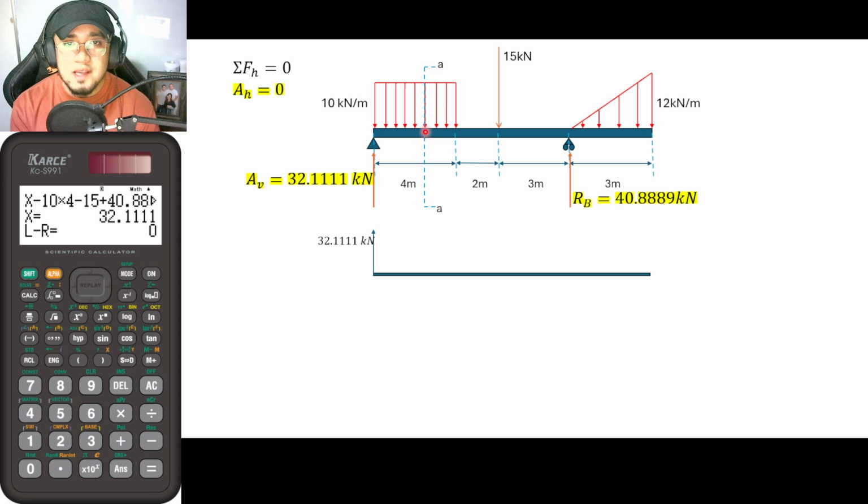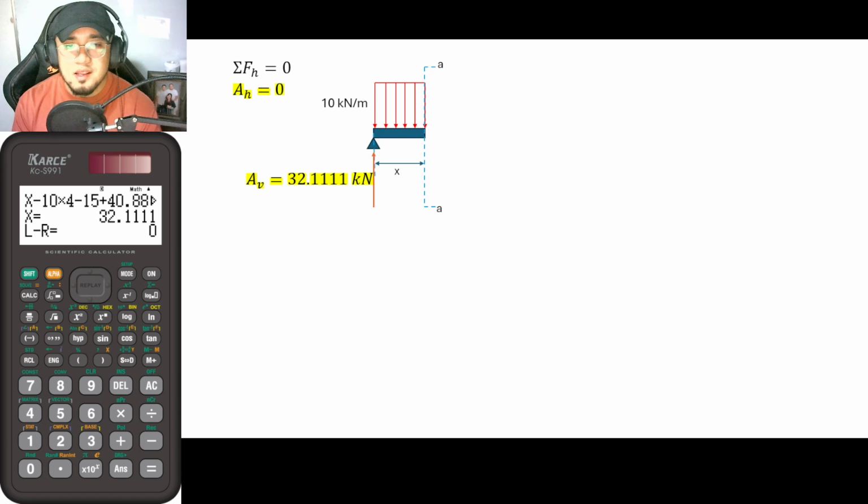So suppose, guys, that I will be cutting a section at this particular point. Let's say that this is section A, and it is now cut in this manner. If you can remember from the method of sections, if you would be cutting anything by a cutting plane, the internal force would now come out.